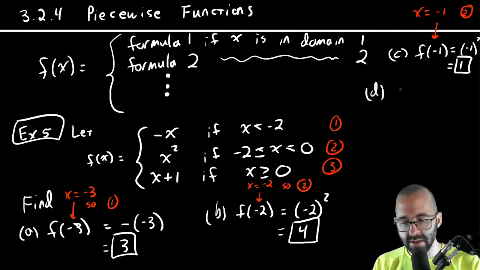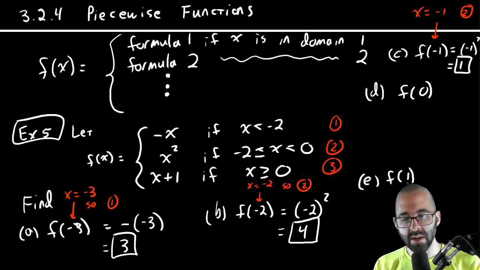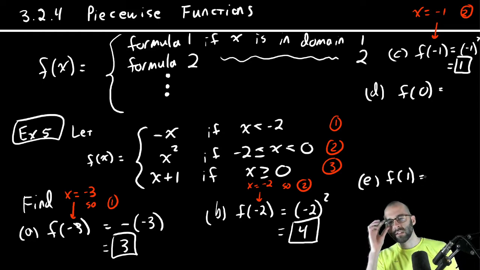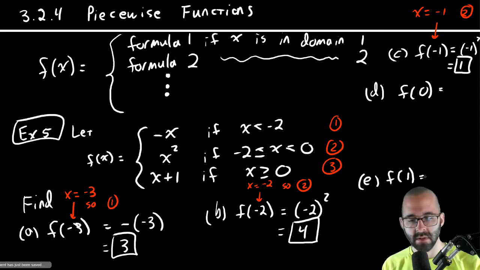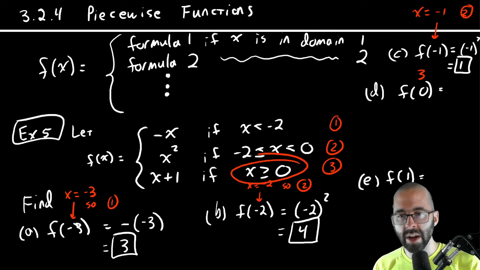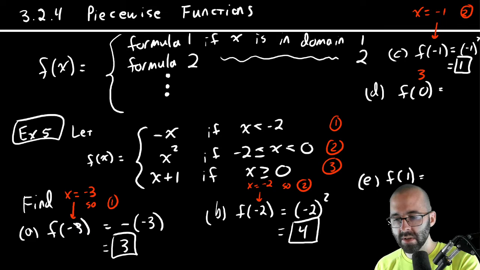Try to do this with the next two. f of 0 and f of positive 1. Pause the video and let me know what you get. So 0, this is going to be piece 3, greater than or equal to 0, because this one includes 0.